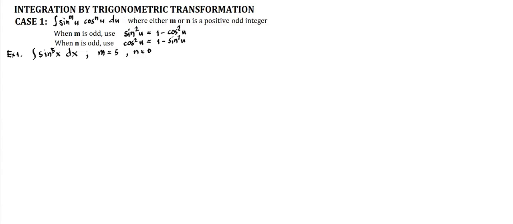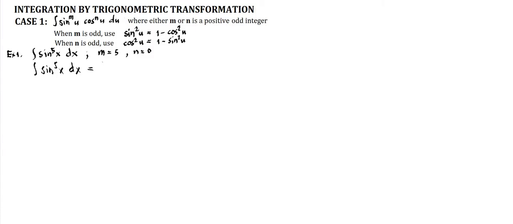So, dito, kailangan nating ihiwalay yung isang factor ng sin x. Maghihiwalay tayo ng isang factor ng sin x. So, meron tayong integral of sine to the fifth of x dx.